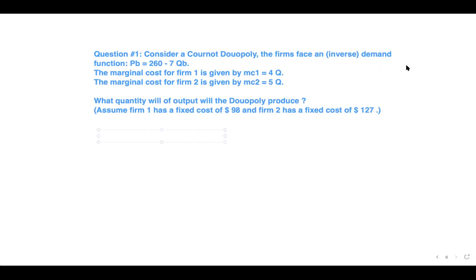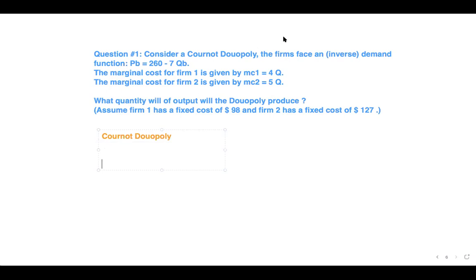So we have this new concept for Cournot. In the cartel monopoly problem, we had to construct a joint marginal cost curve. There was a missing piece of information that you have to bring to the table, like how to construct the joint marginal cost curve.